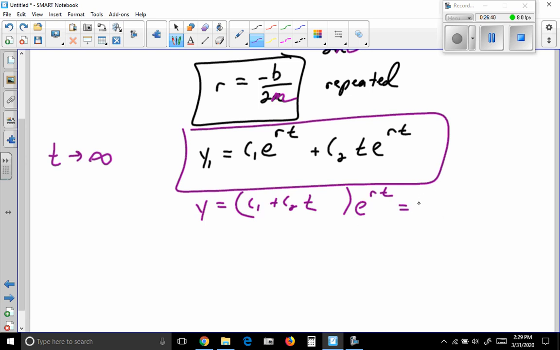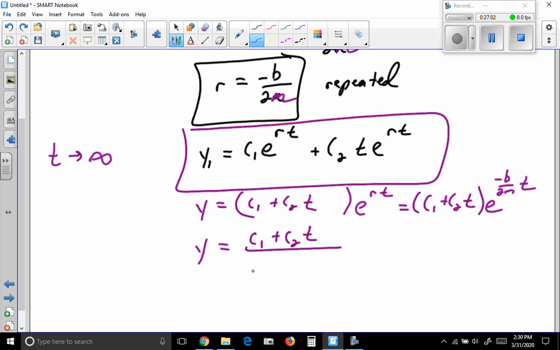We've said what r is, so we can replace r with negative b over 2m. We have a negative exponent, so we can move this to the denominator and call this c1 plus c2 t over e to the b over 2m t.